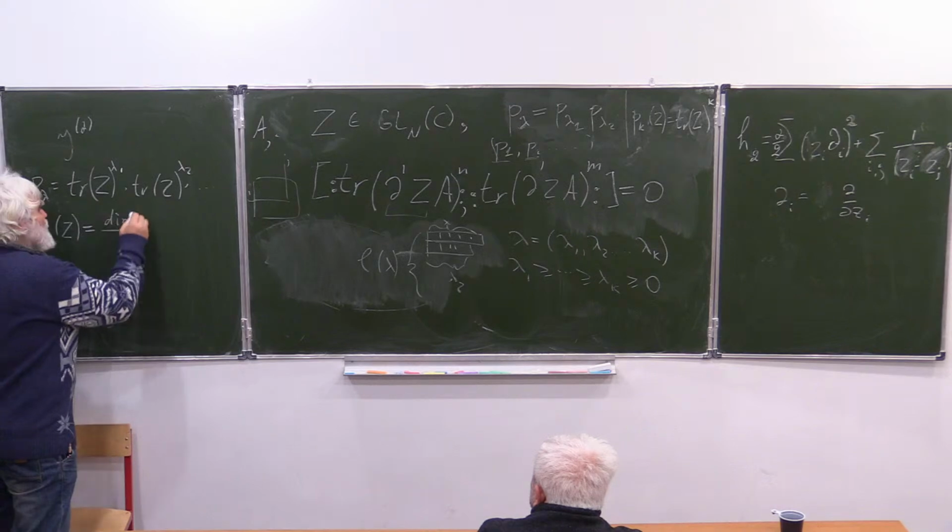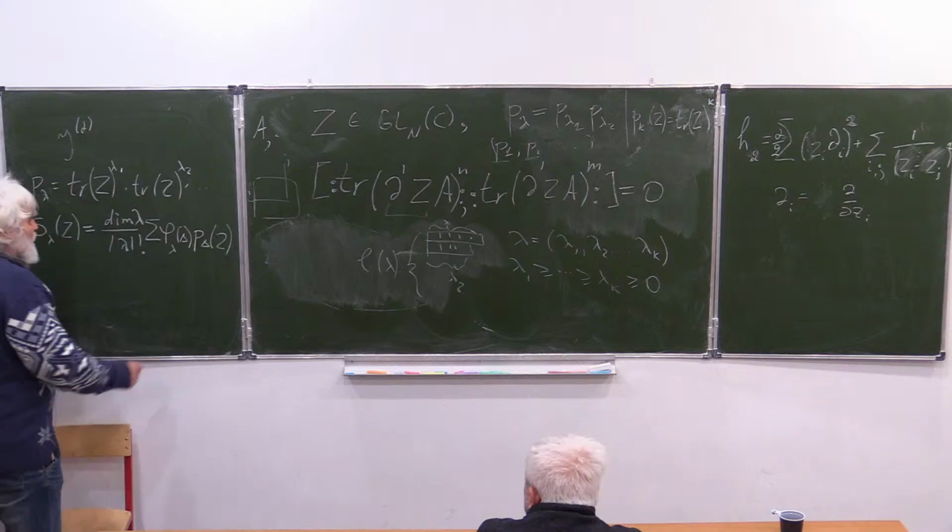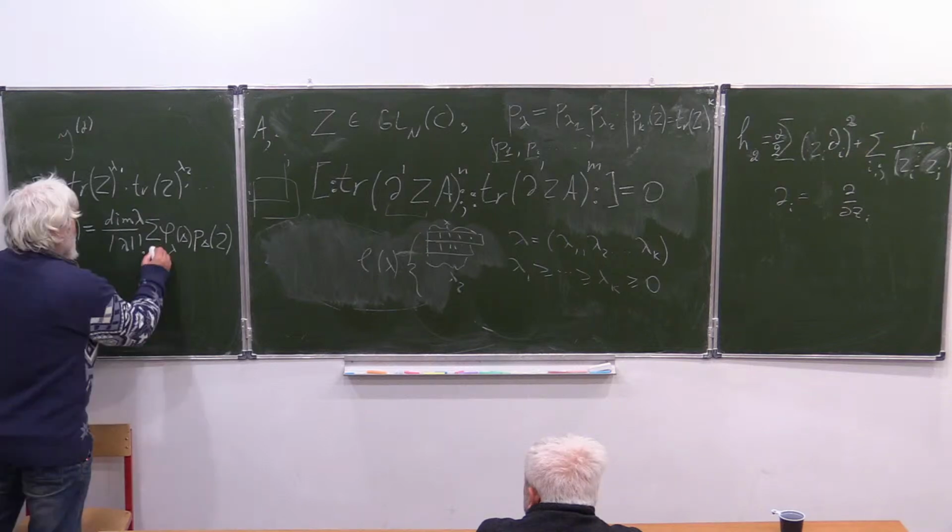These are two different bases in the space of symmetric functions, symmetric functions in the space of eigenvalues of these matrices. Delta and lambda are partitions of the same weight.